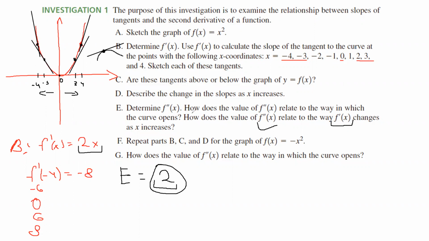So if we repeat all the same steps for the minus x squared function, we would have a vertex that is looking down, a parabola looking down, and slightly different values. But if you plot the first derivative, you're going to see that to the left-hand side we're growing, but the second derivative slows us down, right?